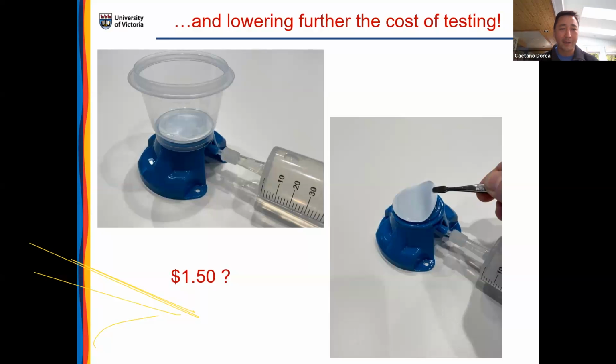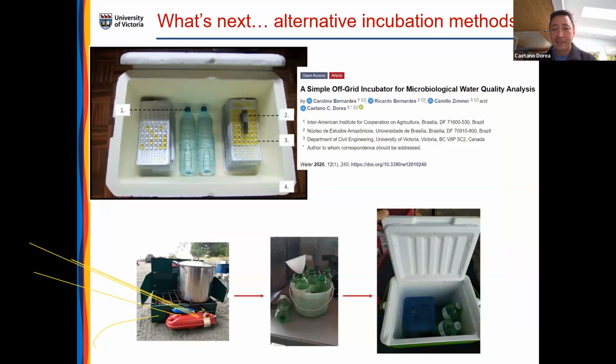And this is where my world as a practitioner and researcher start to get mixed. So we're looking at alternative incubation methods, so no longer the need for those belts. This might not be too practical in a mixed survey, but we have experience with off-grid incubators.